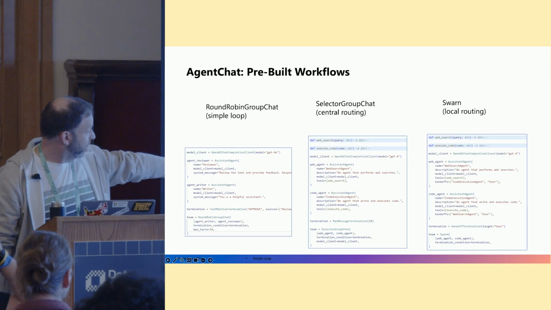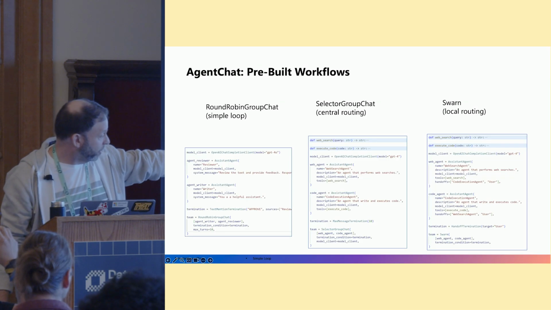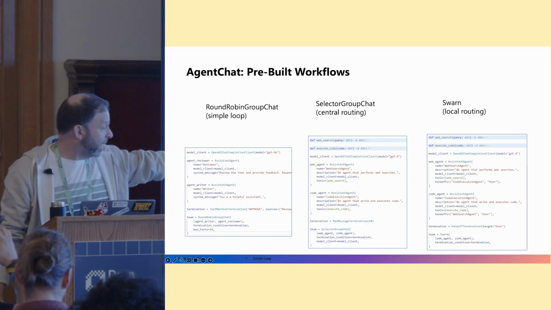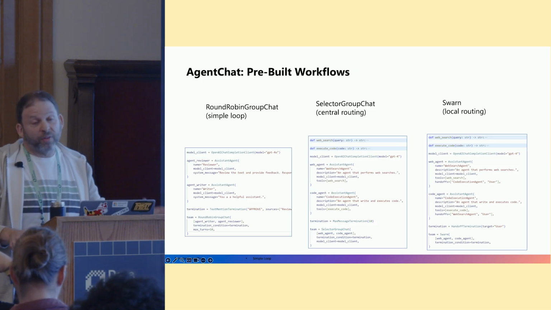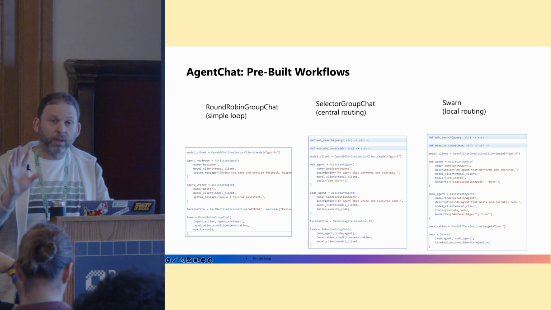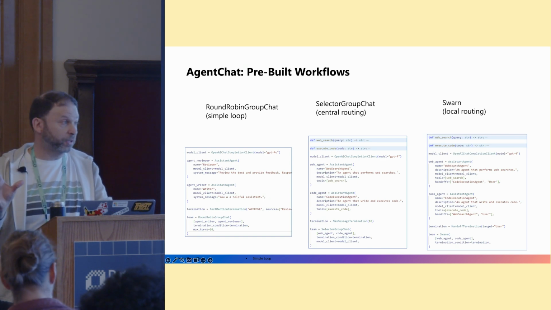This is round robin, that's selector group chat, and that is swarm. And again, you just specify the class, the agents that you're going to be using, and if there's any sort of termination condition. A lot of these may not have a termination condition. They're fully automated. But again, the whole idea here is that you have the scaffolding to be able to do this very, very easily.